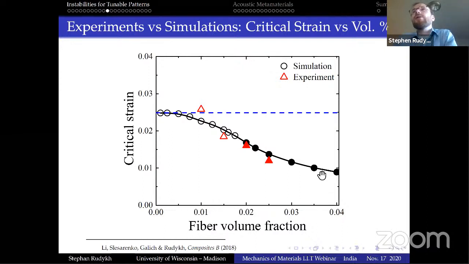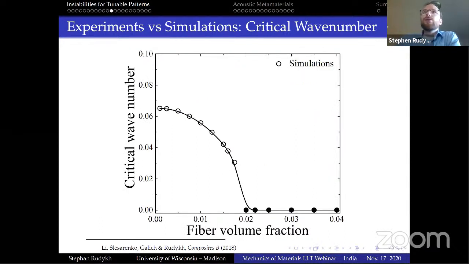and also captures the transition, indicated by the voided circles and the filled symbols, between what we call the macroscopic and microscopic instability. And we'll look into that with more illustration on the next slide. So the transition is happening here, again predicted numerically like that.